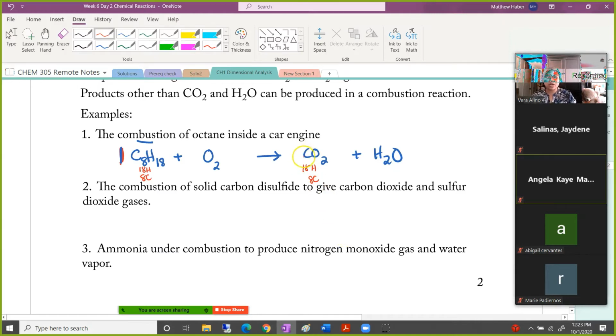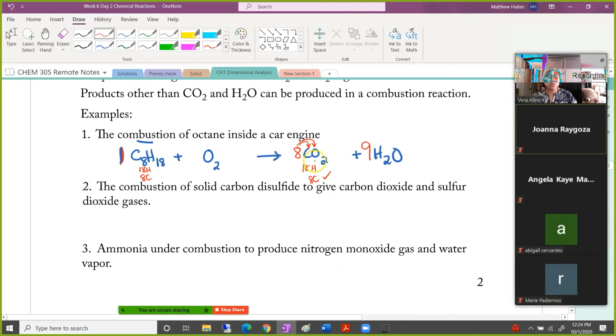So to do that, this coefficient here must be 8, so that if I distribute it to my molecule, it will have 8 carbon atoms. Okay, all right. So now we'll look at the water. What would be the coefficient then if we need to have 18? Perfect, 9. Okay, so 9 times 2 will give you 18.